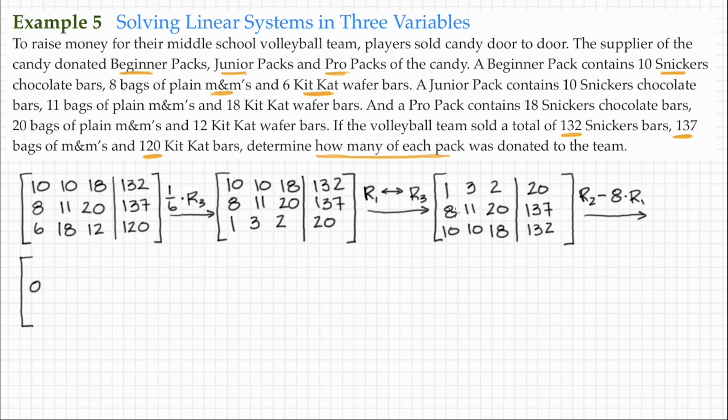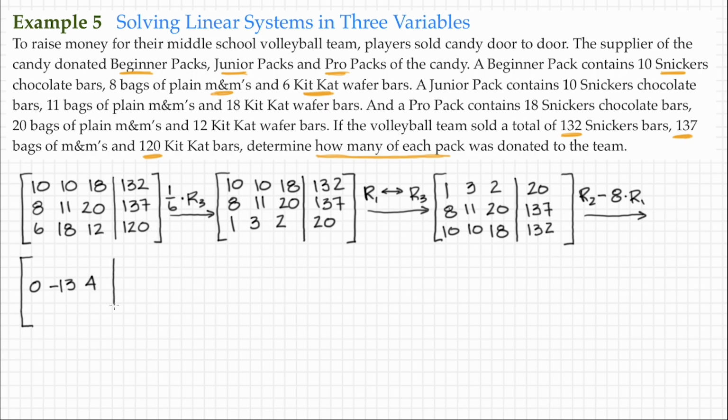Again, that's the whole idea. 3 times 8 is 24. 11 minus 24 is negative 13. 2 times 8 is 16. 20 minus 16 is 4.